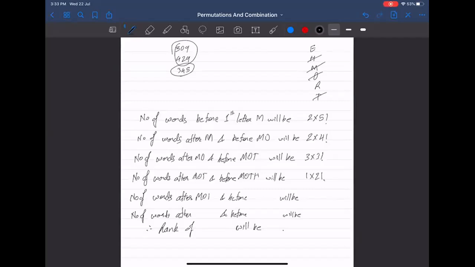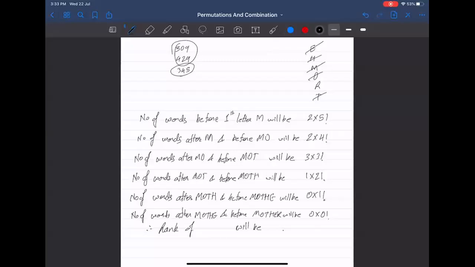Then MOTH और MOTHE के बीच में क्या आएगा सर? कुछ भी नहीं आएगा. So it will be 0 into 1 factorial. And last में आएगा MOTHER. लास्ट का लिखने का जरूरत नहीं है, which I told you. It will be equal to 0 into 0 factorial.